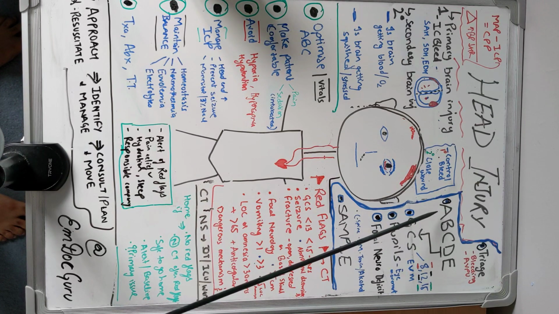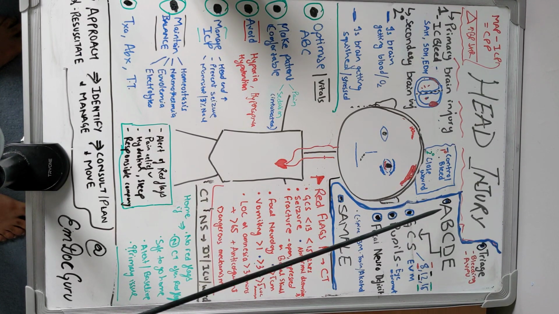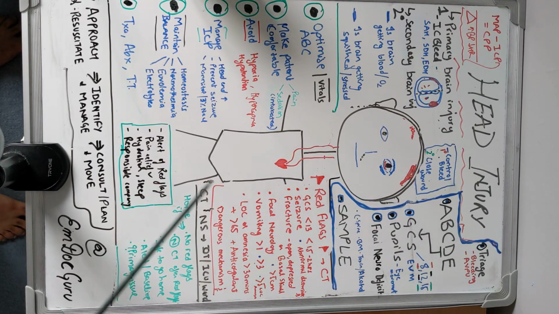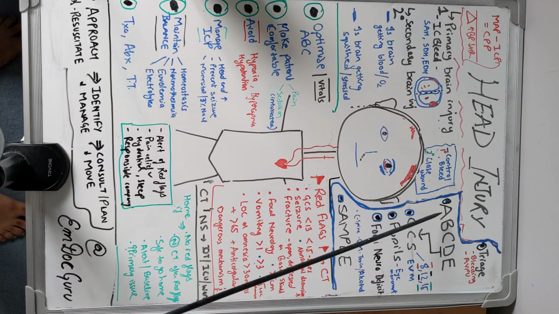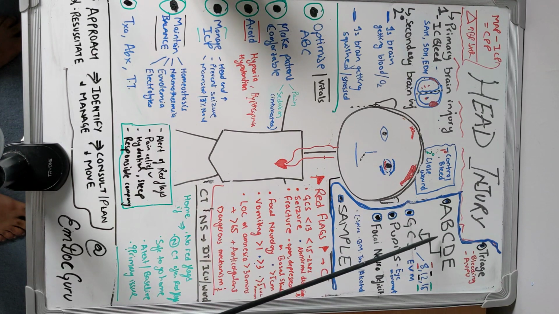And hence, as per ATLS guidelines, you would want to assess the patient as a whole and not just focus on the head injury. That is why you control any exsanguinating bleed, and immediately then assess their airway, breathing, circulation, do a disability check, and then expose the patient.